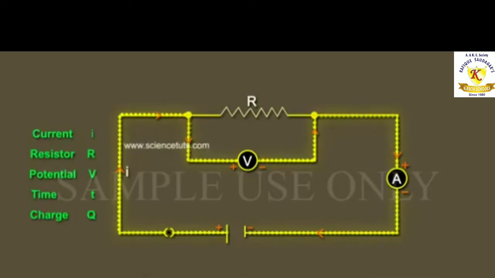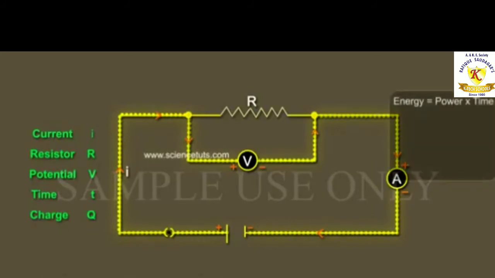Hence, the power input to the circuit by the source, P, is equal to VQ upon t, that is equal to VI, since Q upon t is equal to I. So the energy supplied to the circuit by the source in time t is power multiplied by time.